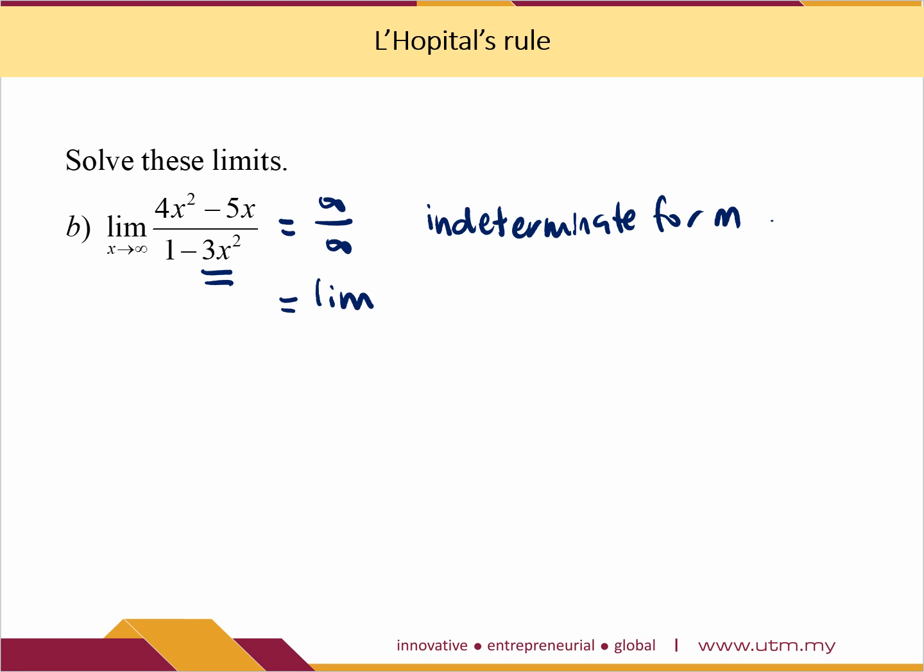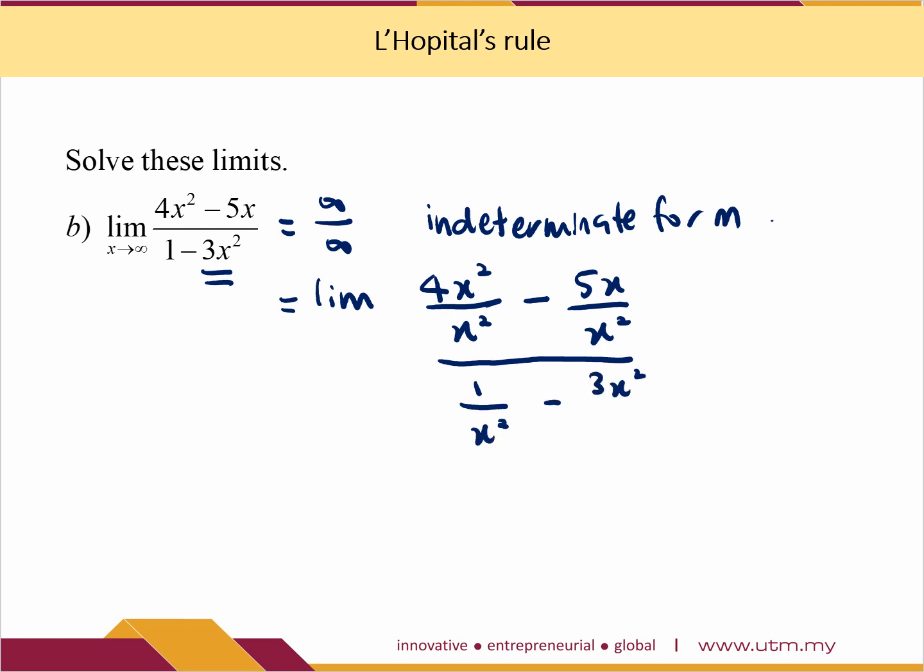The highest power in the denominator is x squared, because the other term is x to the power of 0. So we divide all the terms by x squared. Now we have 4x squared divided by x squared, minus 5x divided by x squared, over 1 over x squared, minus 3x squared over x squared, as x approaches infinity.